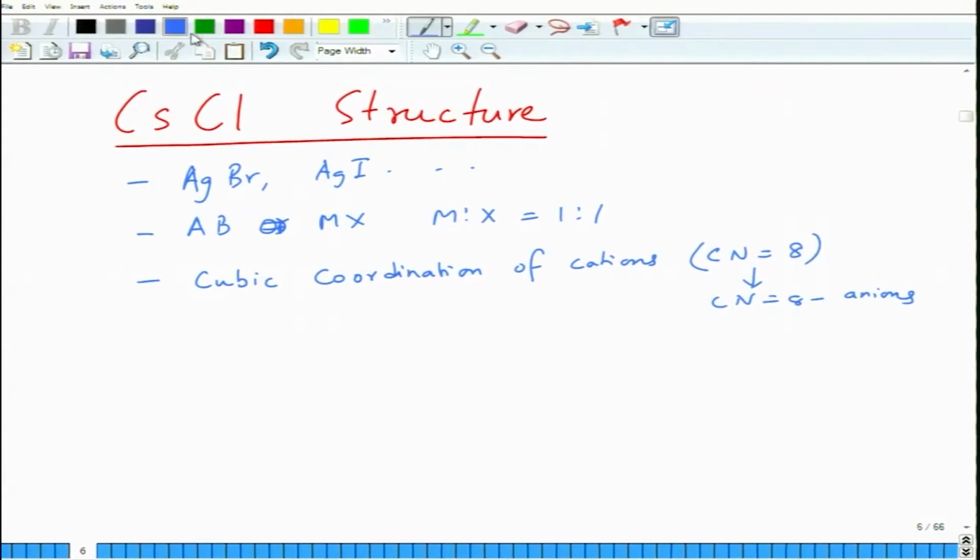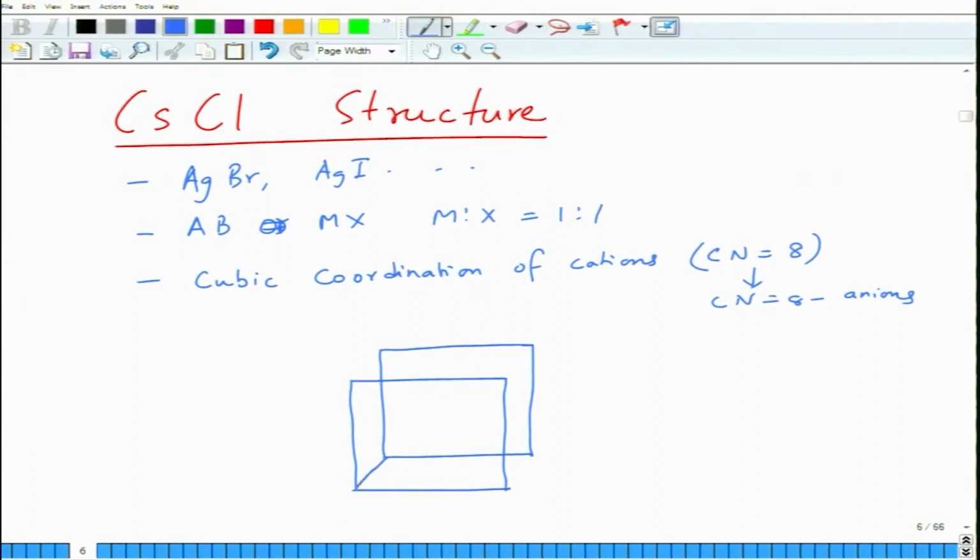So, the structure is something like the following. These are chlorine atoms, and the cesium atom goes right at the center of the unit cell.